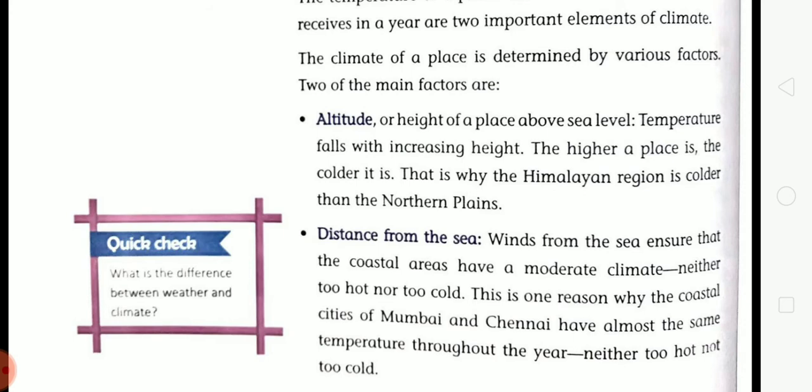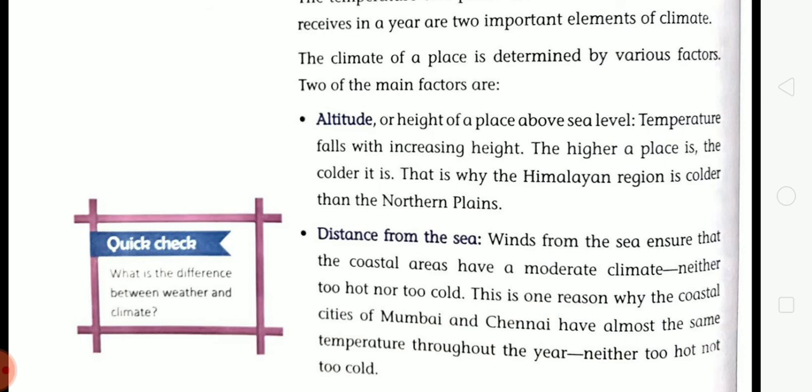Because of the wind from the sea, Mumbai and Chennai have the same temperature throughout the year, neither too hot nor too cold, because their climate is moderate.